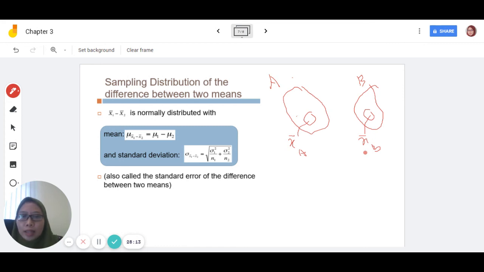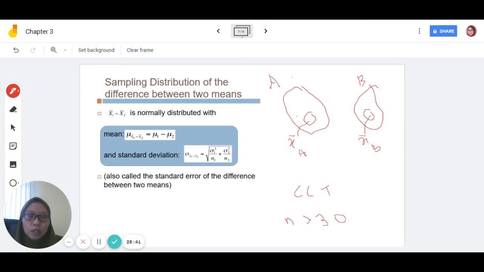Again, according to the central limit theorem, like previously, remember when your sample size is very large, more than 30, we consider it large, and then we can assume that the sample mean for region A and the sample mean of region B are normally distributed.